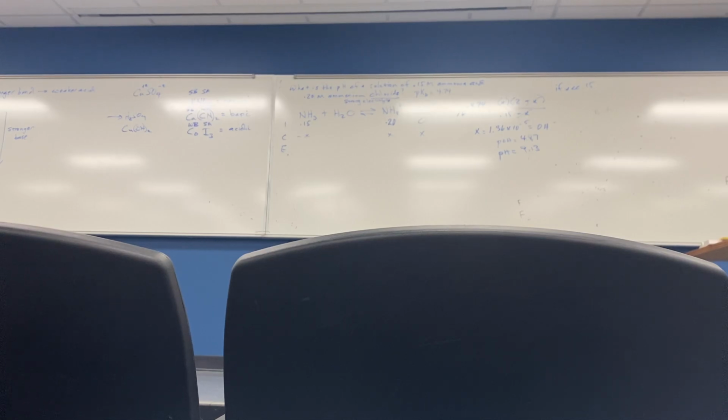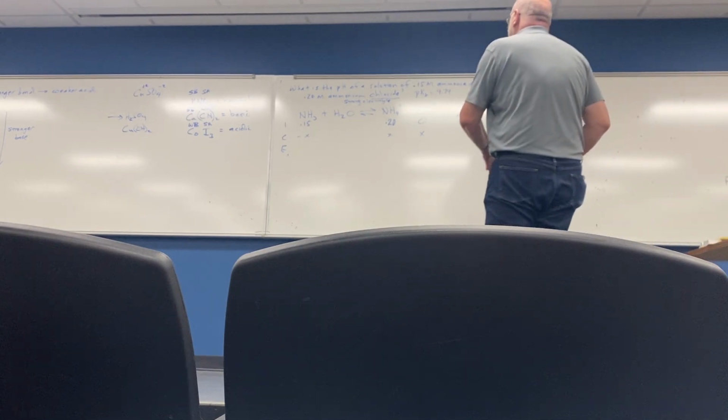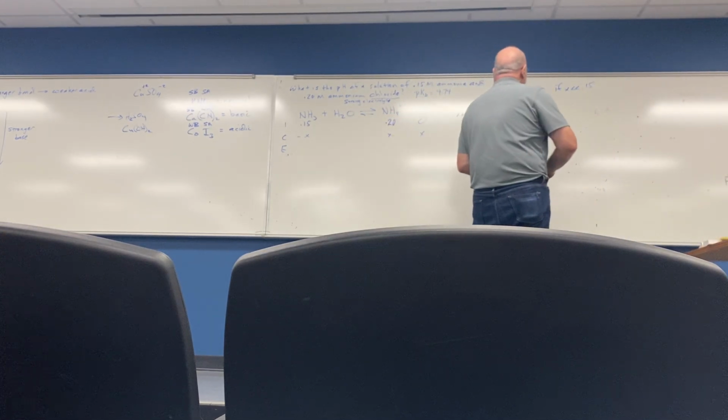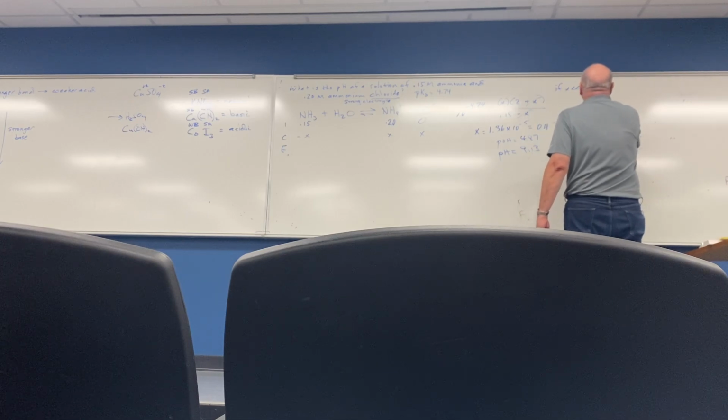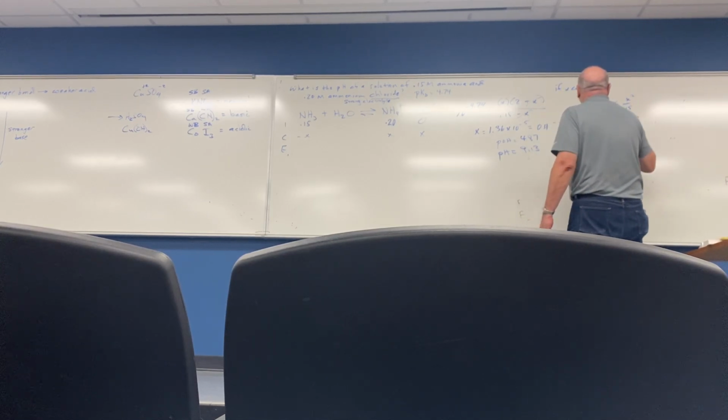Normally, my pH would be, what if it was just 0.15? Just do x squared over 0.15 equals 10 to the minus 4.74. In other words, if this was 0, what would I get? So 10 to the minus 4.74 equals x squared over 0.15, right?